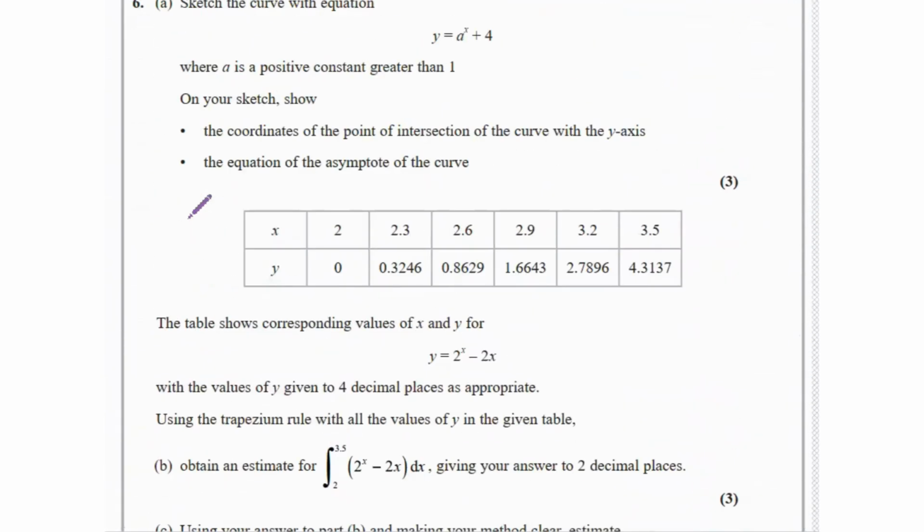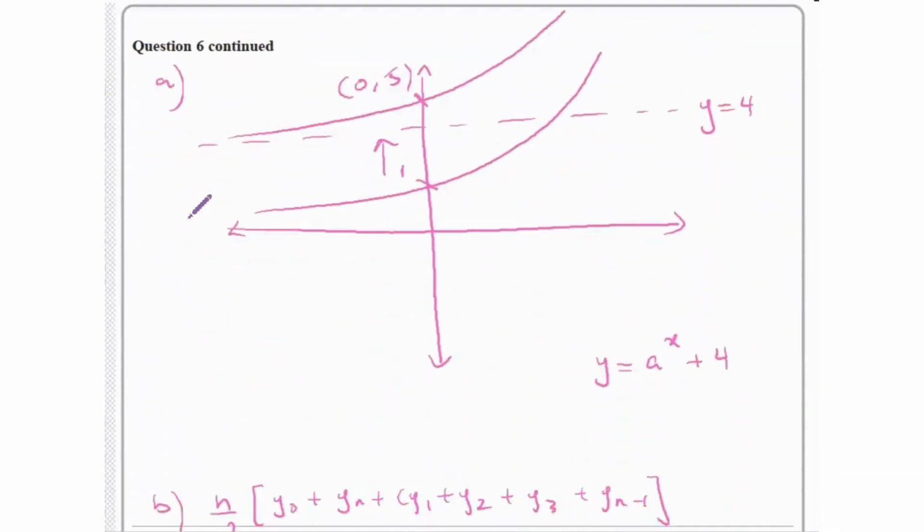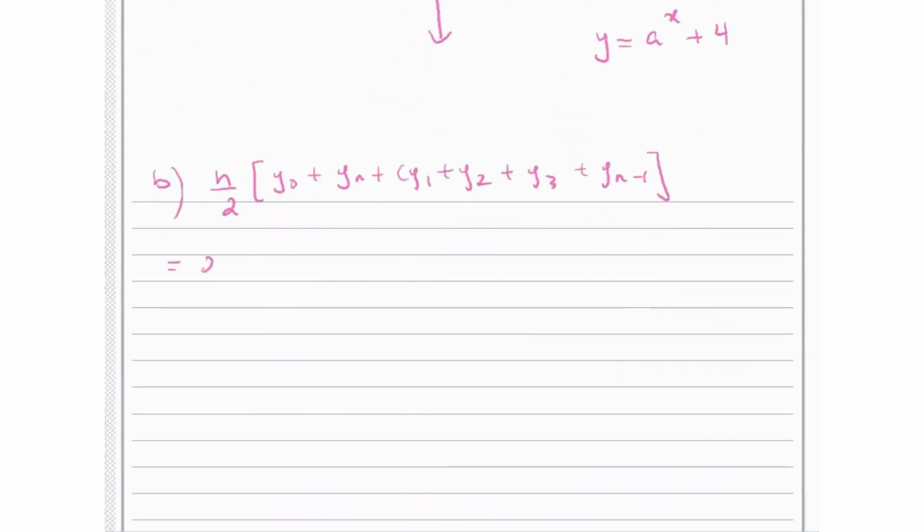So we can do 2.5 minus 2, over 2. It's going to be the first value, which is 0, and yn is going to be the last value, which is 0.43137. And to this, we're going to do 2 times, the 2 over here, it's 2 times this.